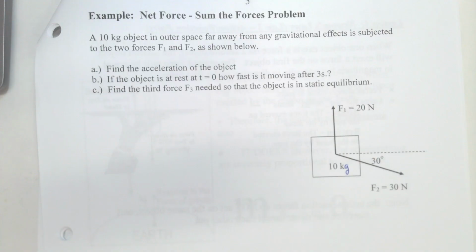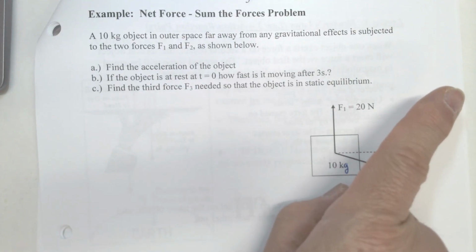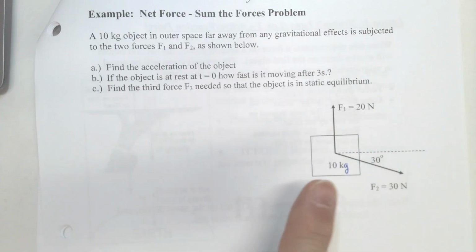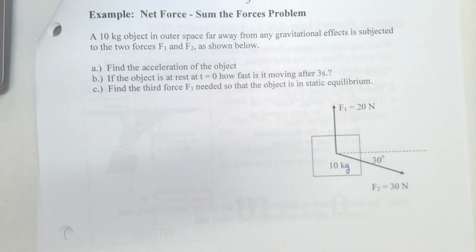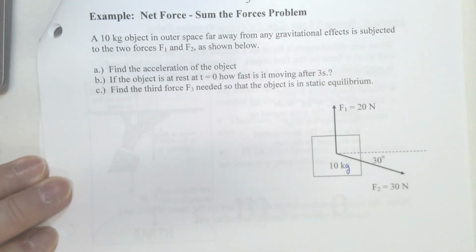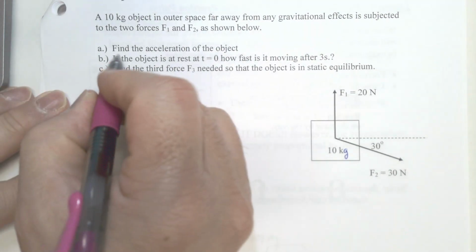Louder? Net force. So we should calculate the net force. Once we calculate the net force, we can divide that net force by its mass to get the acceleration. We good? All right, so let's take a look. Find the acceleration.